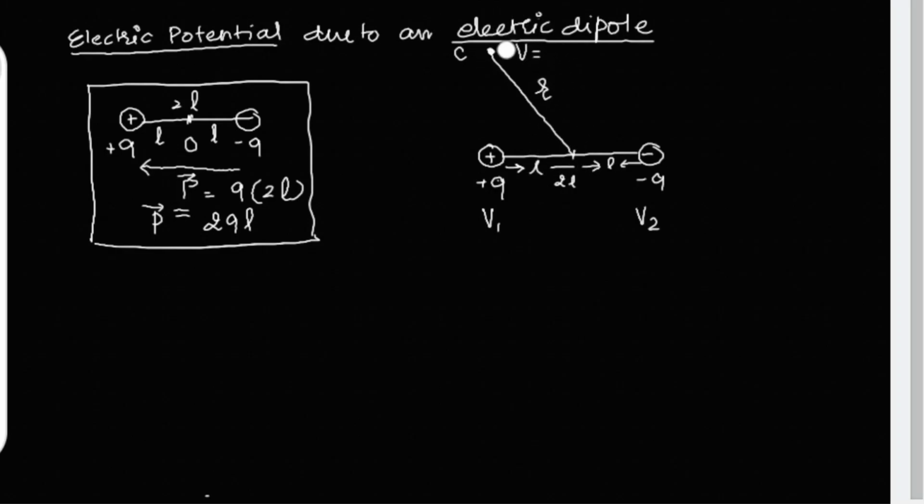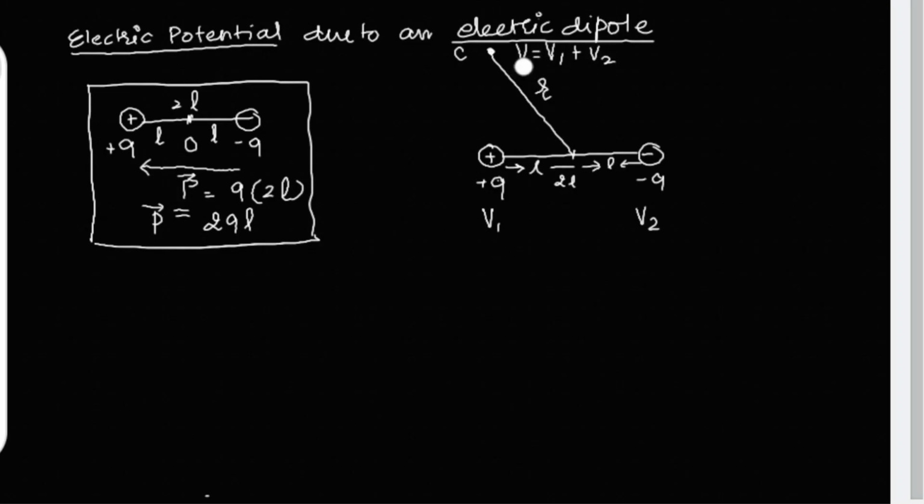This V is the potential at point C due to the electric dipole. So the potential due to the positive charge is V1, plus the potential due to the negative charge is V2.